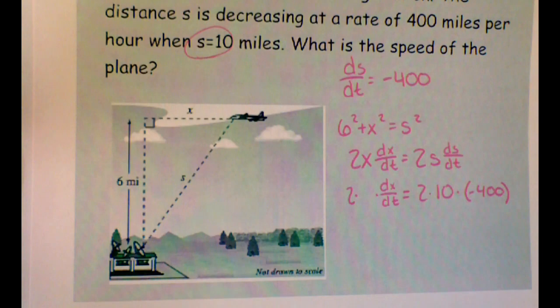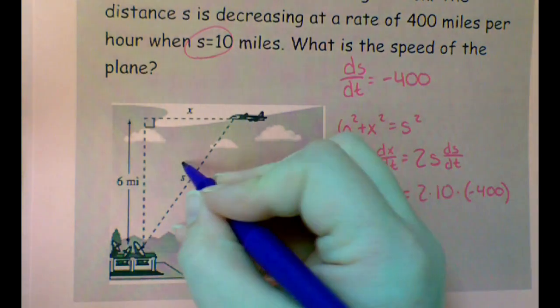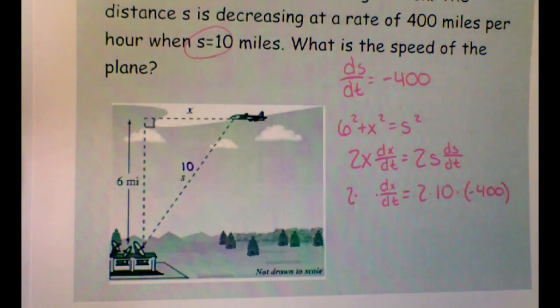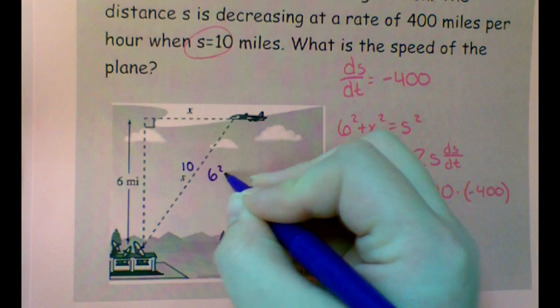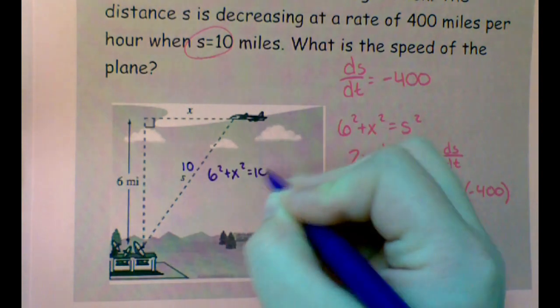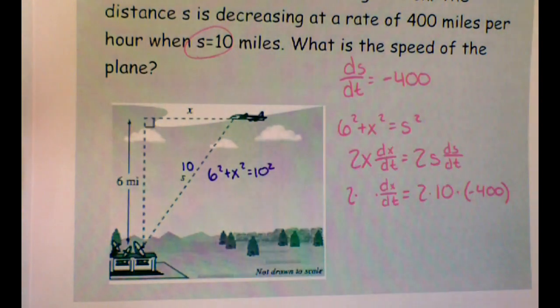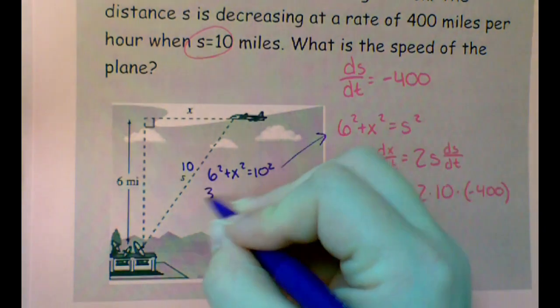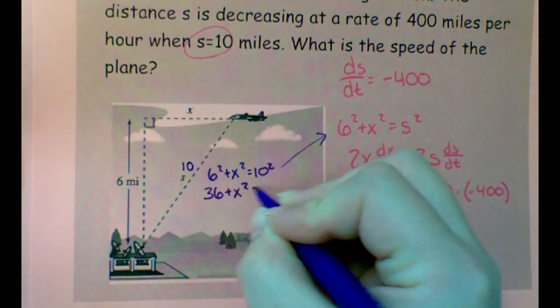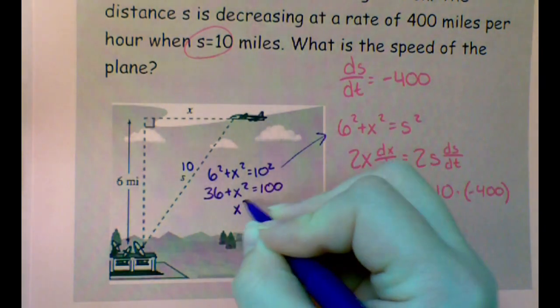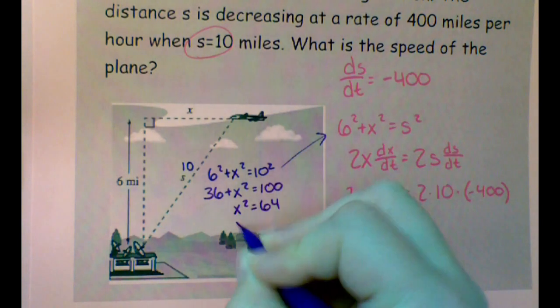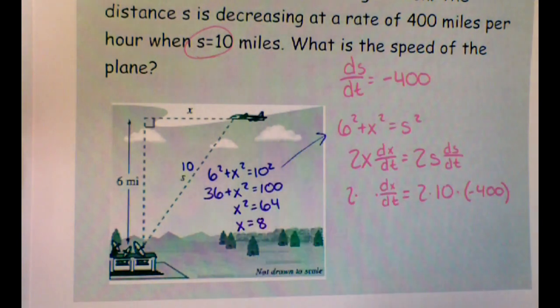But we can take a little sidebar here and say, okay, well when s is 10, I can solve for x. 6 squared plus x squared equals 10 squared. Go back to the original equation we wrote. That's how we can solve for x. So 36 plus x squared equals 100, which means x squared equals 64, which means x must be 8 because the distance can't be negative.